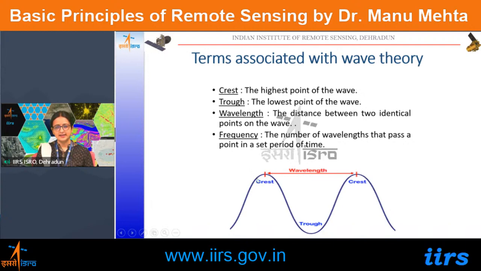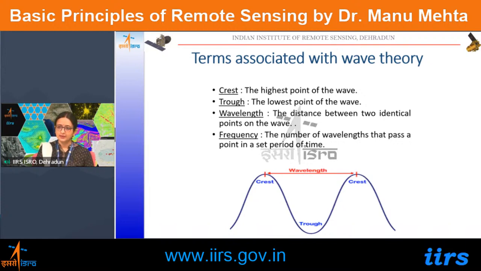Crest is the highest point of the wave, trough is the lowest point of the wave, and the distance between two identical points on the wave is called wavelength. You can take any two identical points on the wave, but these should be consecutive identical points.